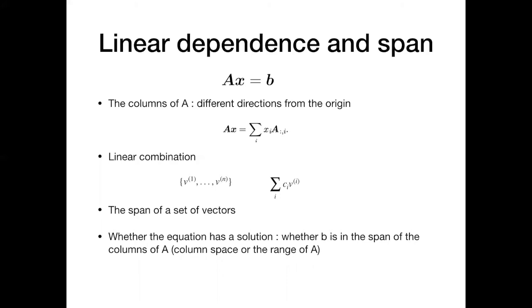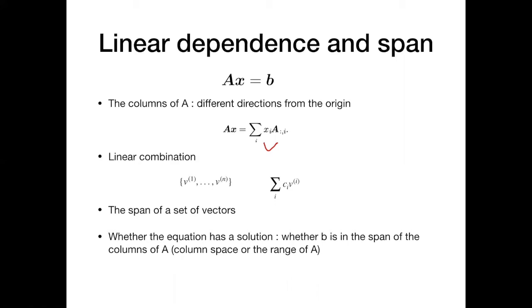So imagine there's a space, then the columns of A just define different directions from the origin. It means that there are different vectors from the origin, which are described in A, and therefore the matrix vector product can be expressed in this way.